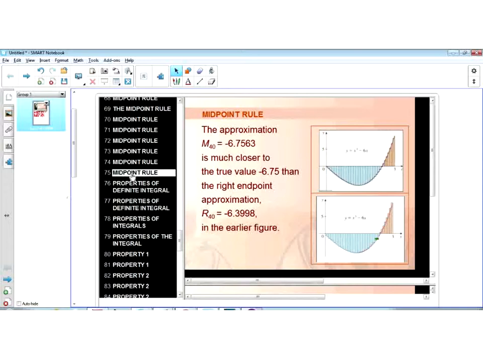They use 40 rectangles. Sample points were the midpoints of each of the intervals. We had 40 intervals, so R40 was 6.3988. M40 was negative 6.75. So the M40 is closer than the R40, just for this function. It's not true in general.